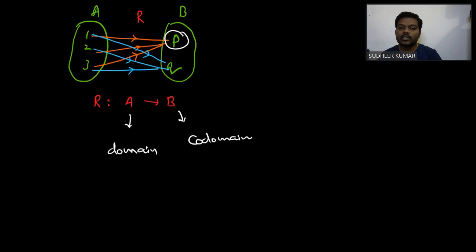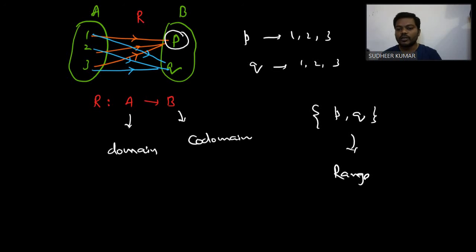So here P is called the image of 1, 2 and 3 also. Q is also called the image of 1, 2 and 3. The set of images of elements of A is called the range of the relation. So in this case, domain and range are the same.